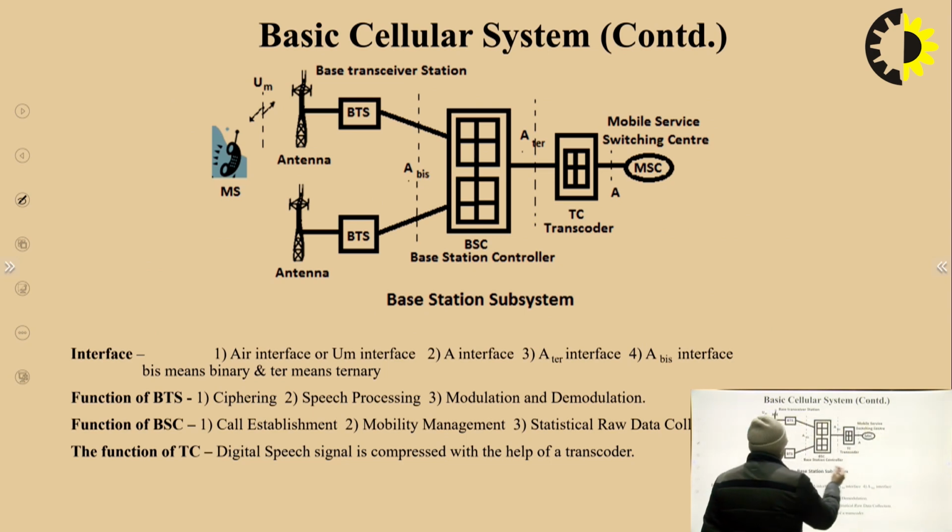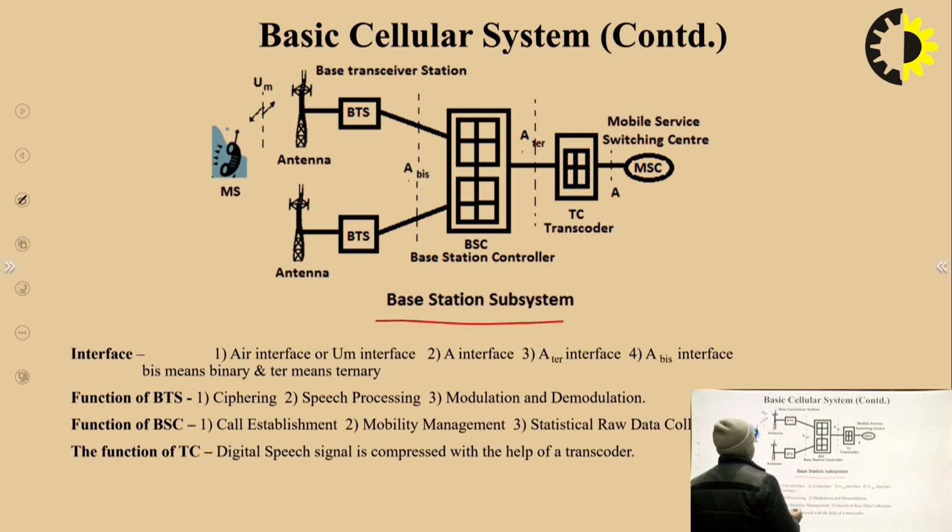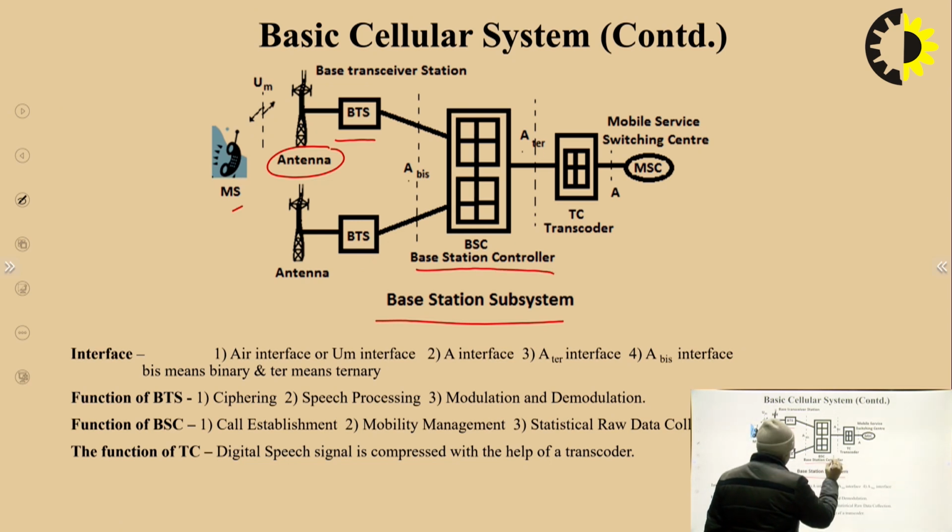Again, in this figure, the base station subsystem is shown, where this mobile station is connected with the base transceiver station using these antennas, and this base transceiver station is connected with the base station controller. In this base station subsystem, basically 4 types of interface are used.